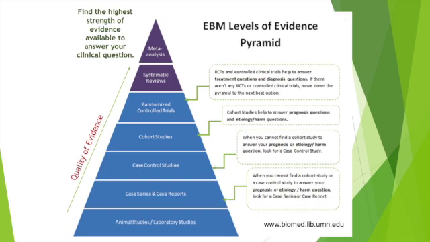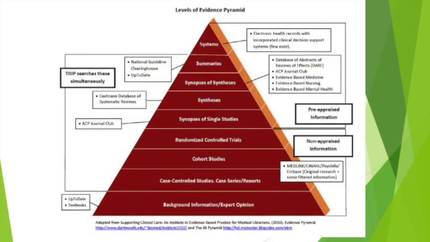Depending on your type of study, and as we talked about last time, depending on your type of question, there might be a type of study that best answers your question. And then the quality of evidence: this is the highest quality, and as you go down, the quality of evidence is lower. And here again, pre-appraised information and non-pre-appraised information in this pyramid.